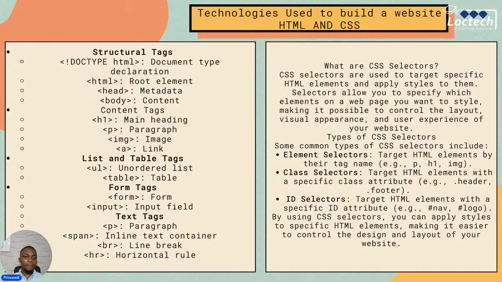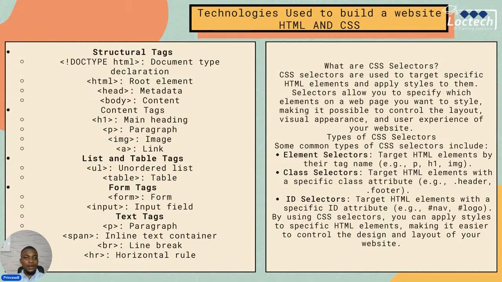Now, when talking about structural tags, the first thing that comes to mind is what they call the document type declaration. Yesterday, we did a little on this where we talked about doctype HTML. But due to the network interruption, I didn't have enough time to give an in-depth explanation, which I apologize for.